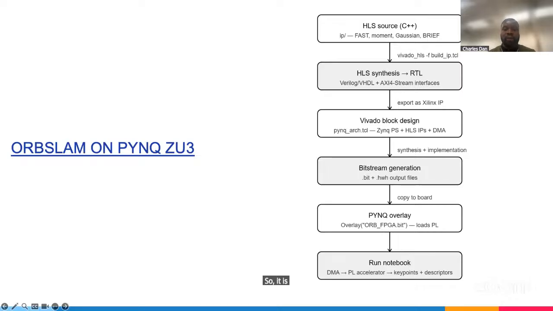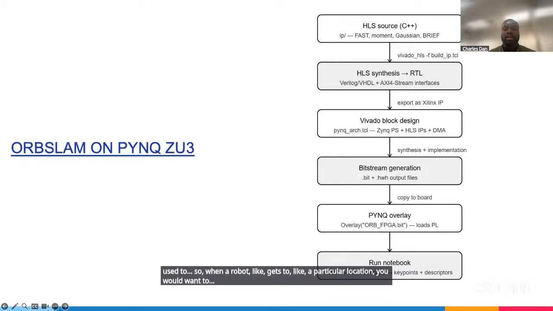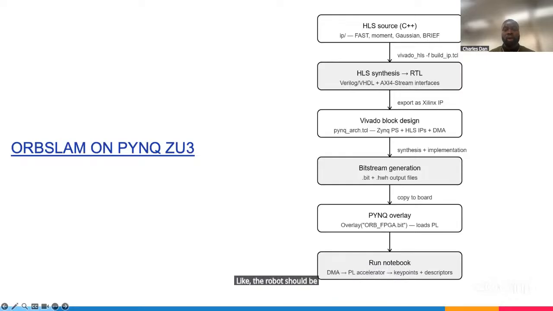So it is more or less a real-time camera system which we can use. When a robot gets to a particular location, you would want the robot to be able to know where it has gotten to, or know its particular environment. So ORB-SLAM helps a robot navigate its surroundings and know its particular position in a building.